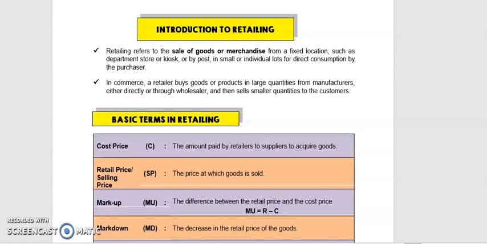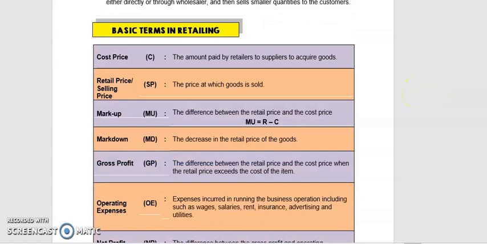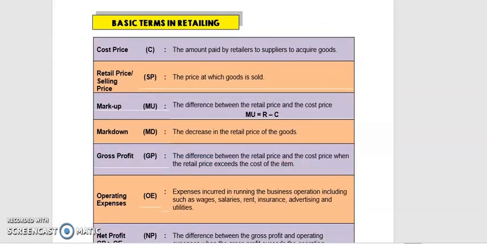Now let's look at basic terms in retailing. These are some basic terms that you need to know. The first one, cost, we use the symbol C. Cost is the amount paid by retailers to suppliers to acquire goods.